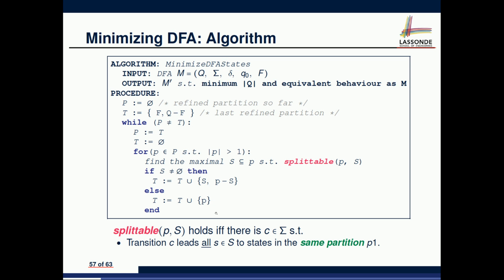Let's go over it very quickly. Everything in this particular partition that you want to split out, if you take this particular C, it's going to lead to the same partition P1. On the other hand, for everything else, at least some of them will lead to a different partition. In that case, that means they should be separated out. Okay, let's do an example right away.